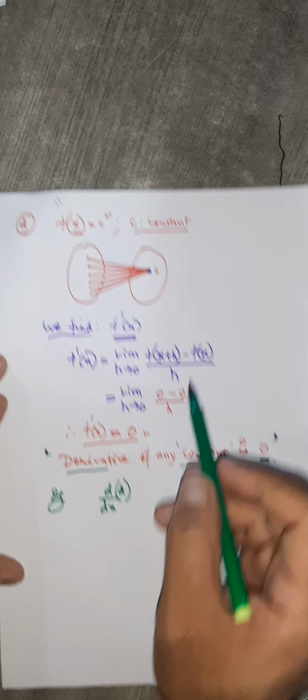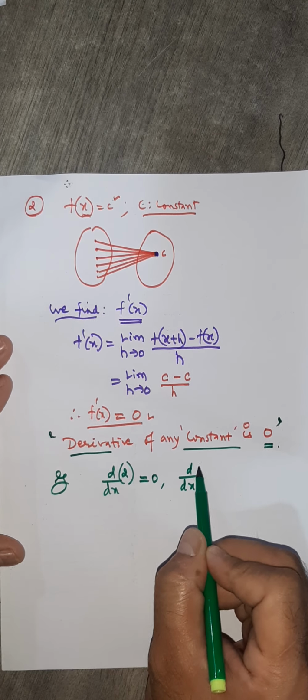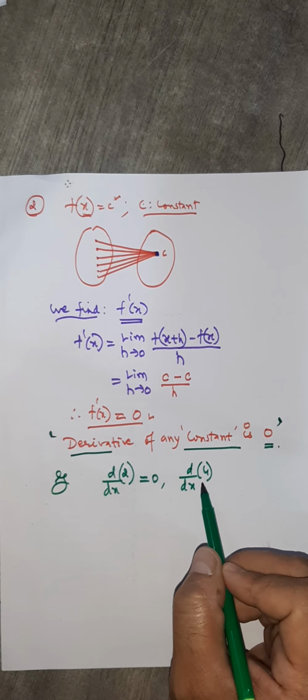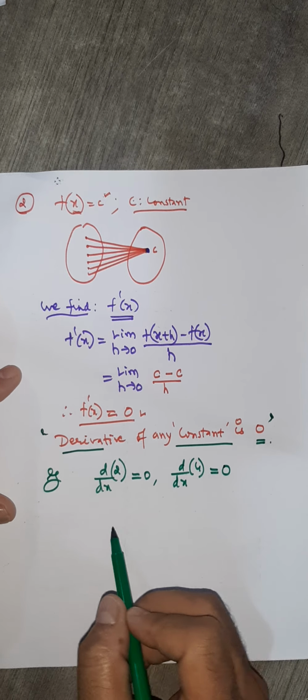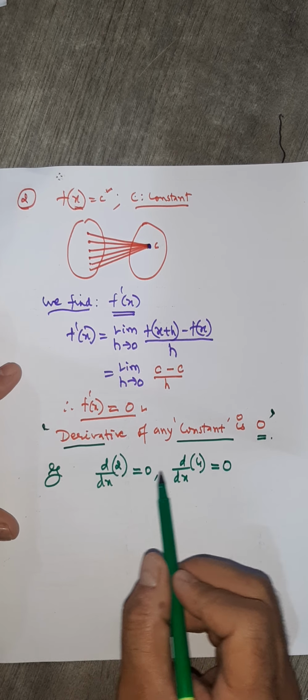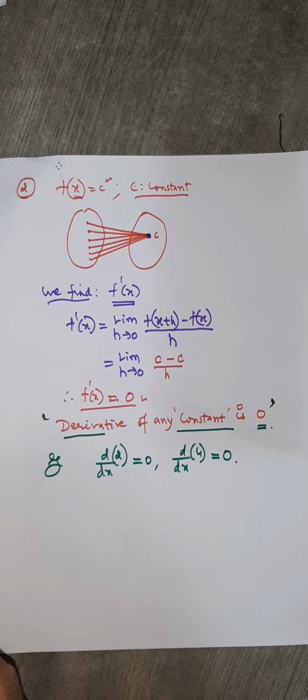So here f(x) equals 2, derivative is 0. d by dx of 4: 4 never changes its value, so derivative is 0. Clear? So derivative of any constant with reference to x will be 0. Fine. So derivative of a constant function with respect to variable x is 0.